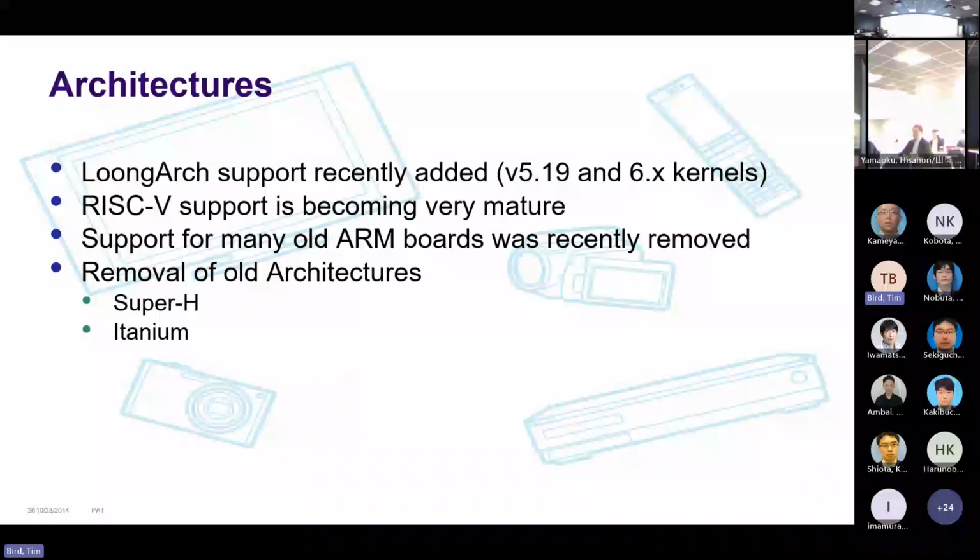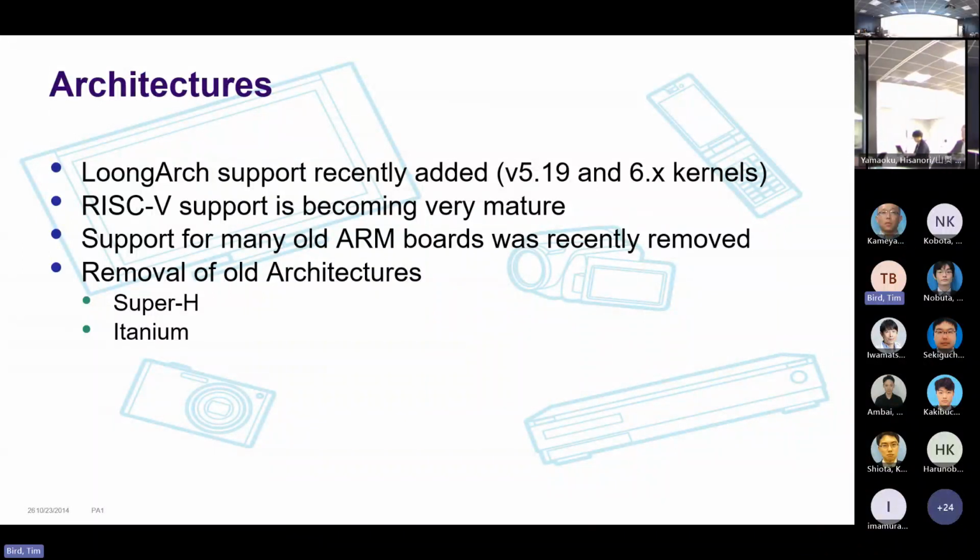They're trying to catch up to the support level of other architectures that are already upstream. Same thing with RISC-V, but they're a little bit farther along. RISC-V support is becoming very, very mature. As I mentioned before, support for a lot of old ARM boards was recently removed. And old architectures are also getting removed, whole architectures like SuperH and Itanium.